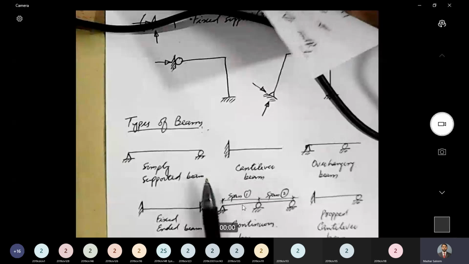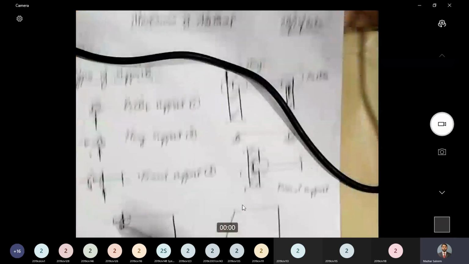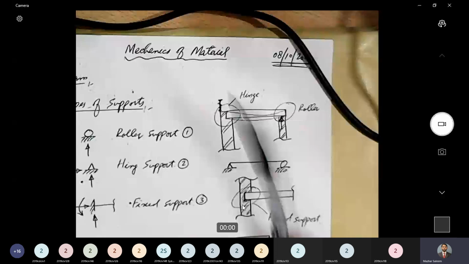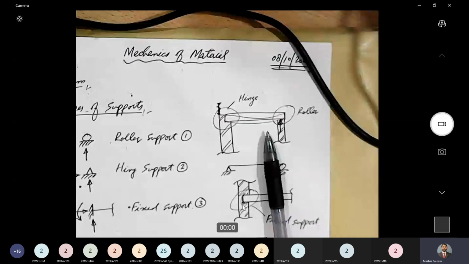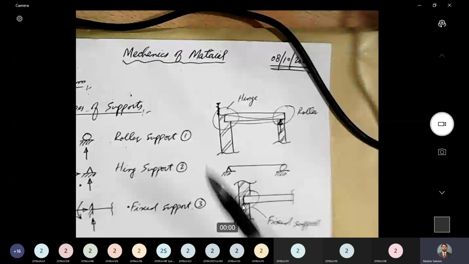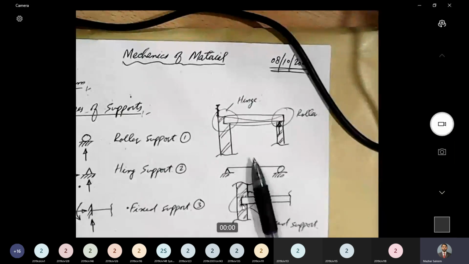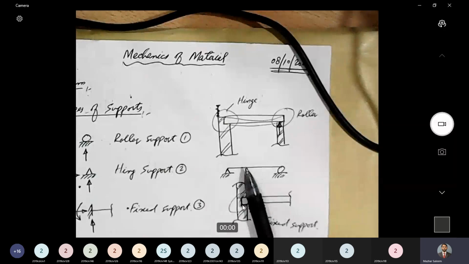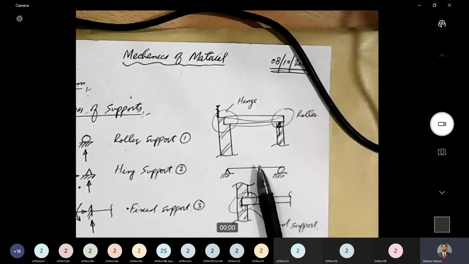Okay. Actually, when we say that this support will allow the structure to rotate a bit, those rotations are very small. We will talk about stability in a short while. You are 100% correct that we want our structures to be stable. We do not want any excessive movement in our structure.